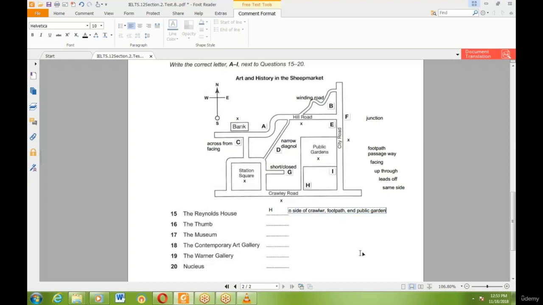Look at what they said. You should be able to follow it. Right, the north side of Crawley Road. That's the north side of Crawley right here. Up the footpath. This is the only footpath on the whole map. That's why knowing vocabulary is so important. It's a vocabulary test. In at the public garden. That means the answer has to be H.